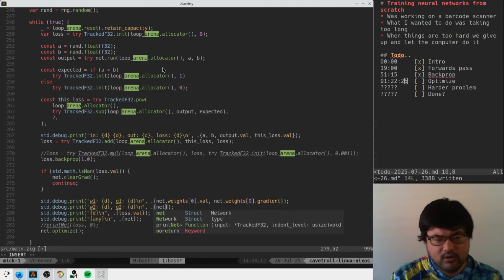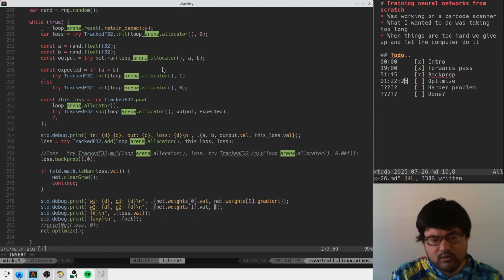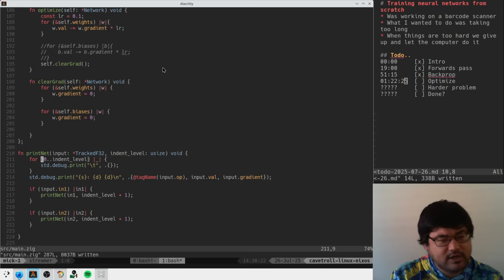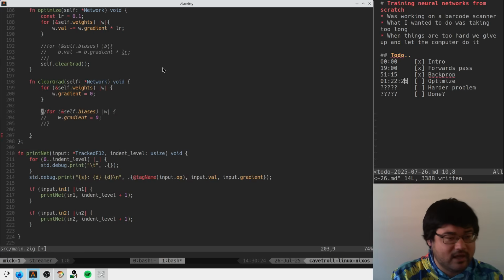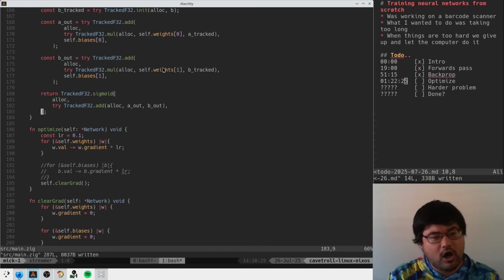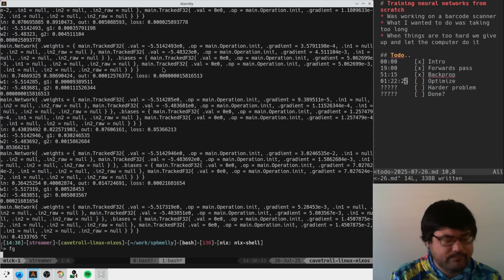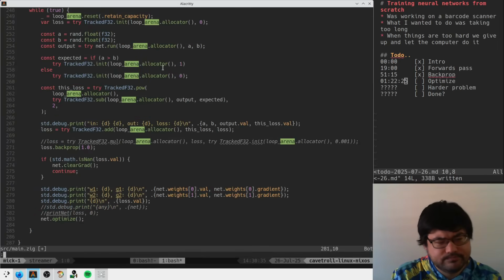Okay. And then I'm going to ignore biases here because I don't believe that we should need them for this problem. So not applying those gradients might help me just with understanding.